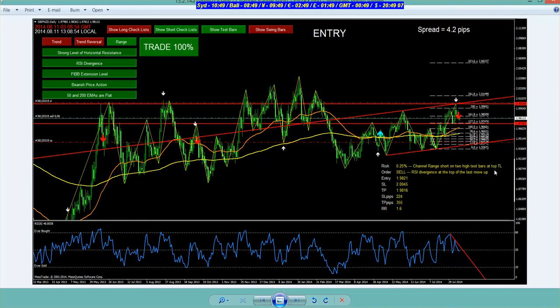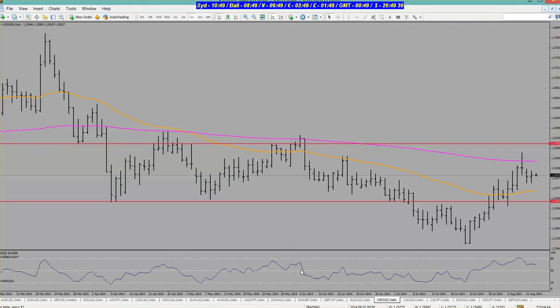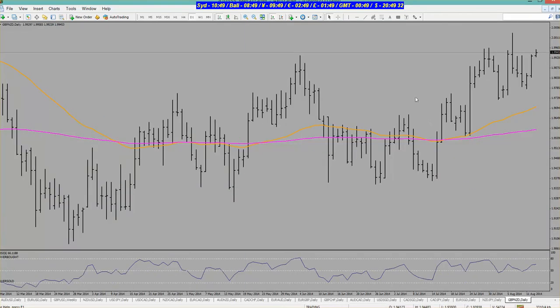Channel range short on high test, but this is only your second touch, which means it's a low probability trade. I think that's a pretty random looking trend line to me. The horizontal at $2 is, to me, a much stronger idea. $2 is huge resistance.